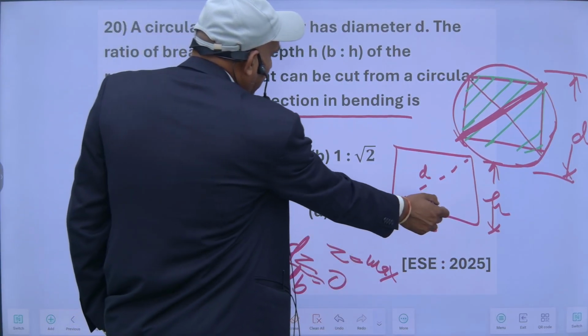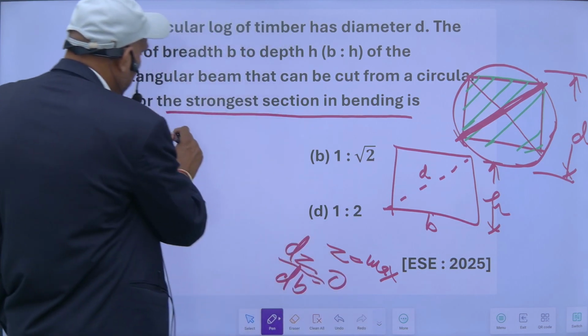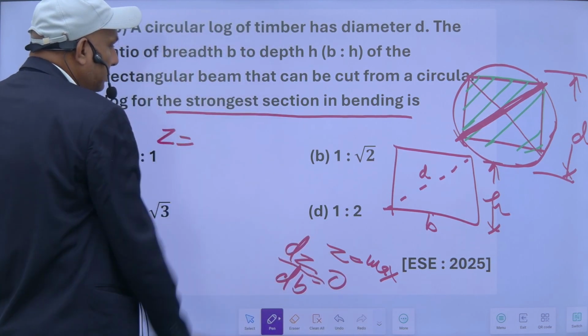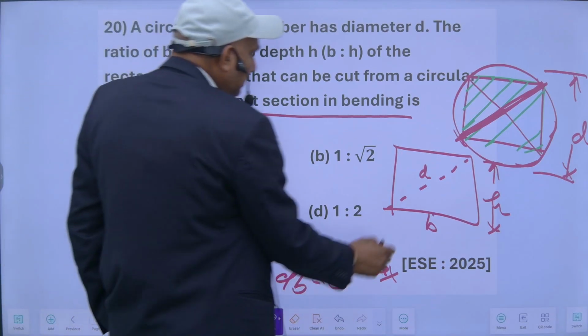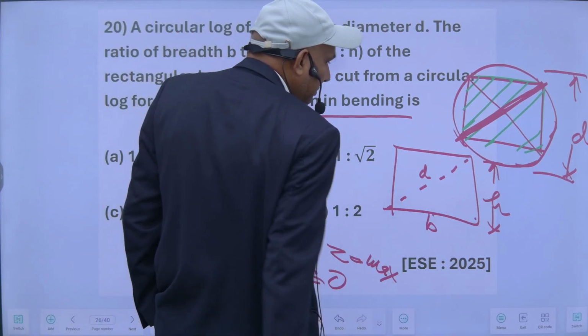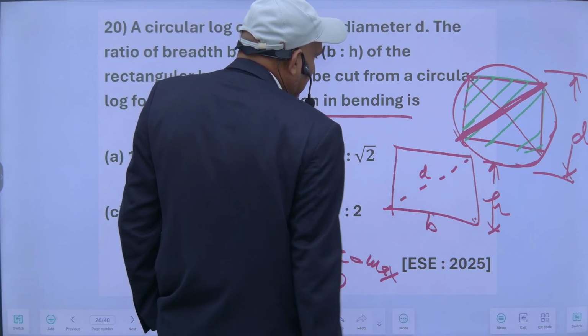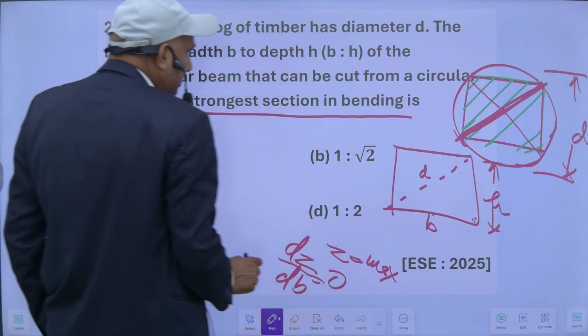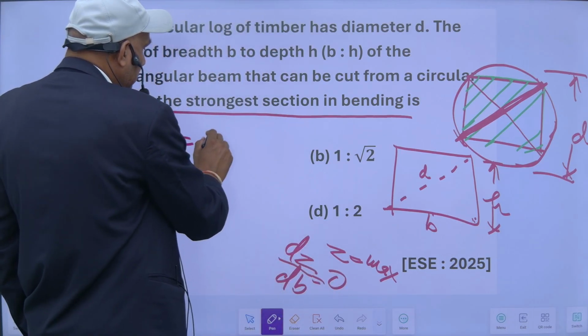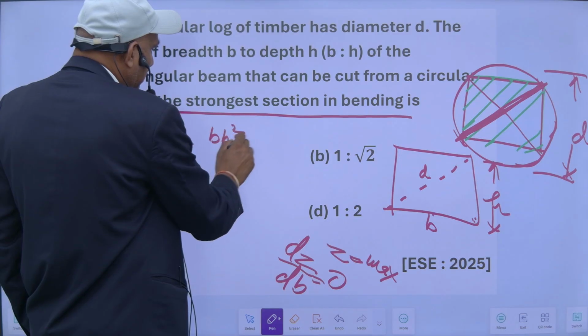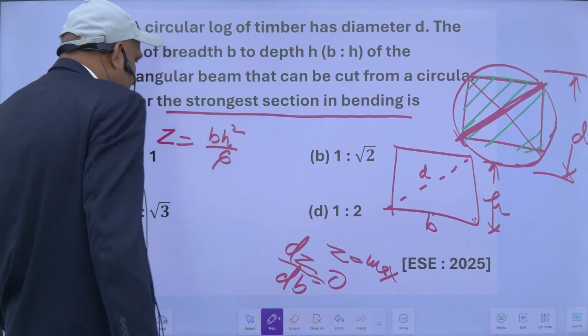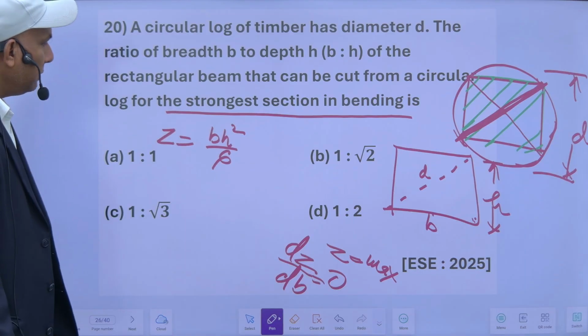So now what is the value of the z here? Section modulus z is equal to b h square upon 6. So this is section modulus.